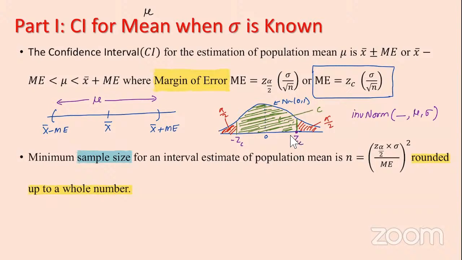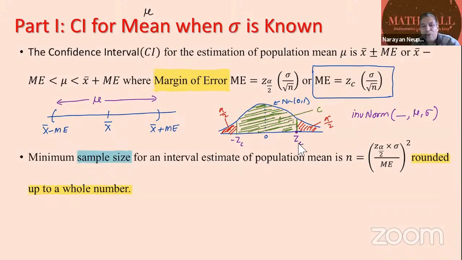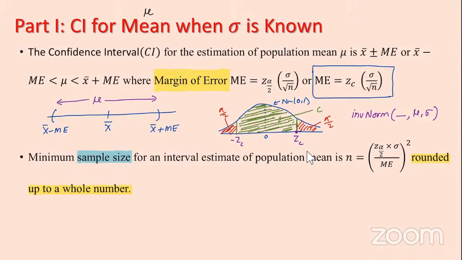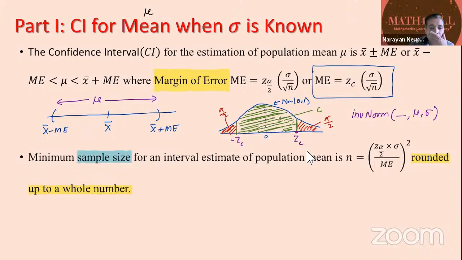The value on the x-axis that separates the middle area from the area on the tail is the Z critical. Any other question from anybody in the class? Okay, no question. That's good.